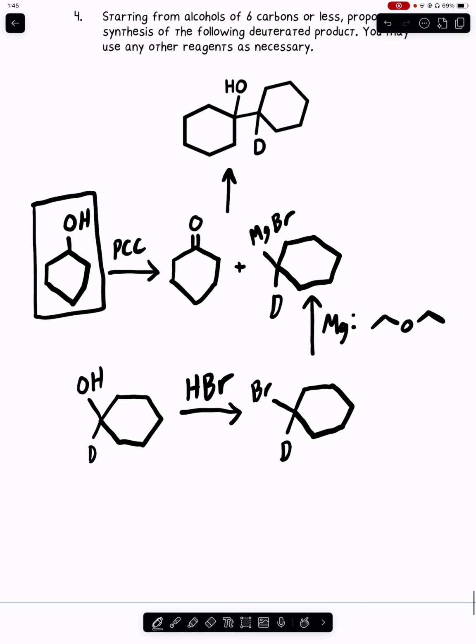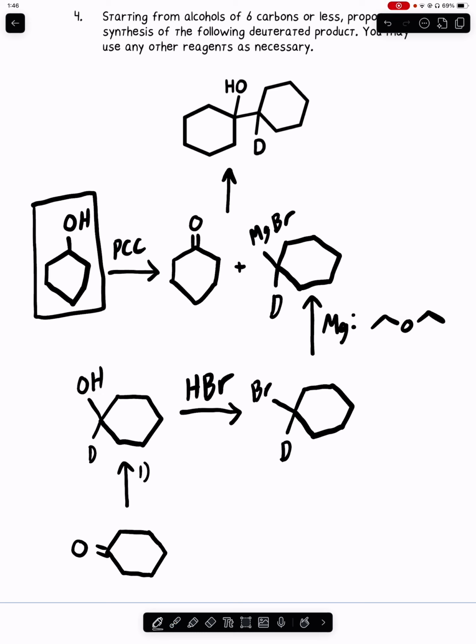All right. Well, now we have this alcohol with deuterium specifically at that carbon right there. So how can we deliver deuterium to that position with high regiochemical control? Well, we could start with the corresponding ketone, which was cyclohexanone, and we want to deliver the hydride to this carbon right here specifically. So how can we do that?